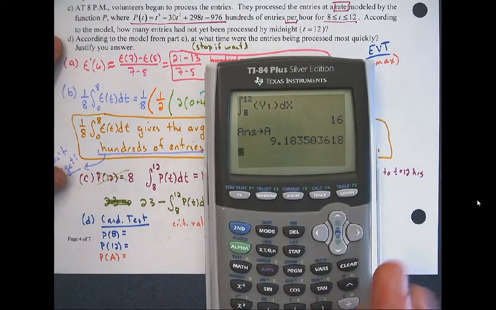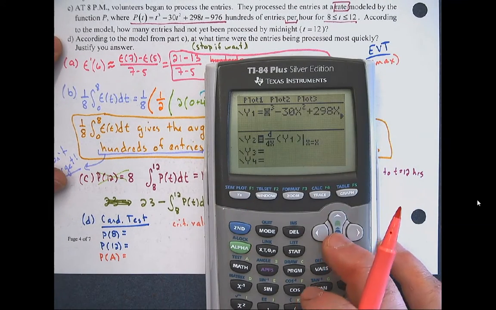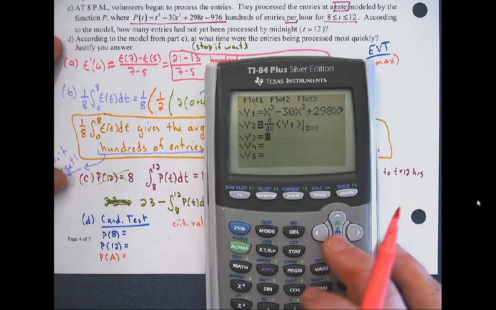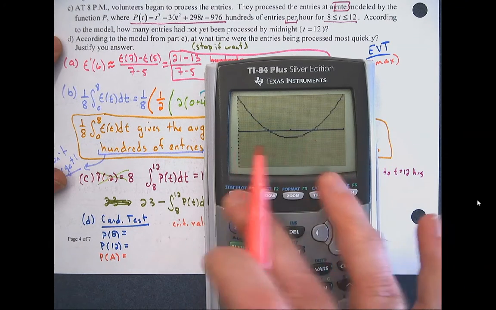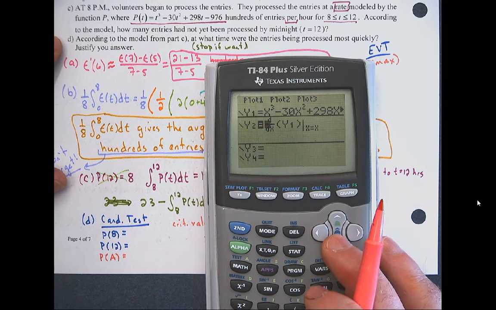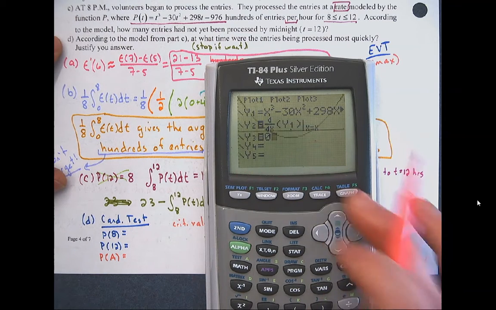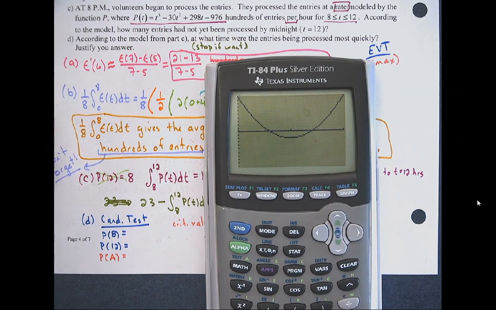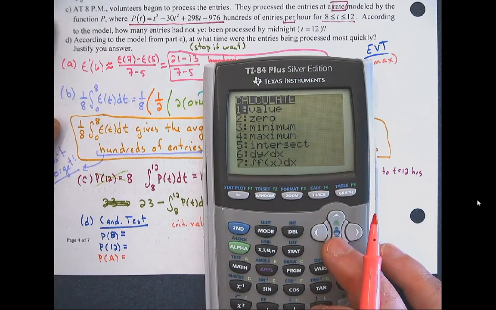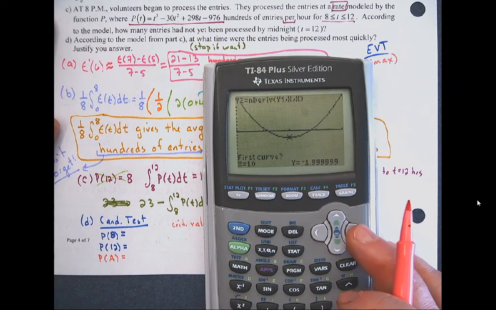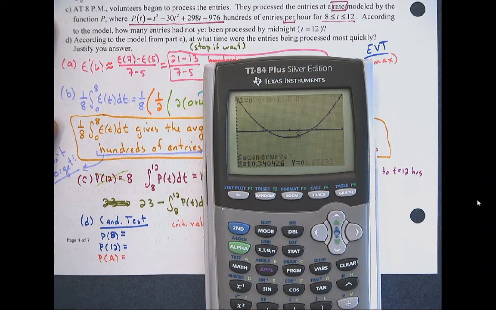Now we had this other one, and let me show you the other way that you can find out where this graph intersects the x-axis. I can make an equation of the x-axis, y equals 0. And so that's going to graph it. Now we can't see it because it's on there. And now instead of using the zero feature, I'm going to use the intersect feature. I just move a little bit closer, and then all you have to do is hit it 3 times.